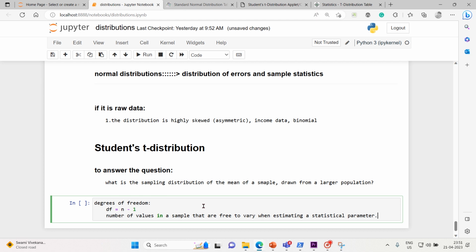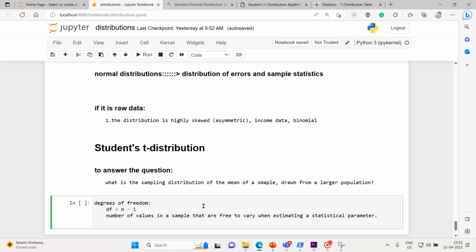You know what a parameter is? I hope you know that. The parameter is the measure of the population. So in the case of the t distribution, the degrees of freedom is calculated as the sample size minus 1.